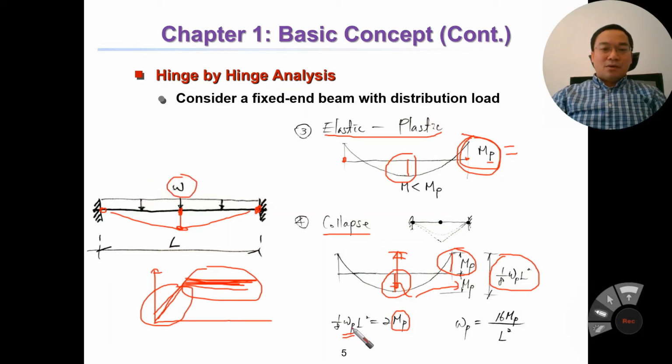Now we have Wp L square over 8 equal to 2 Mp. Then the collapse load equals 16 Mp over L square. Okay, 16 Mp over L square.